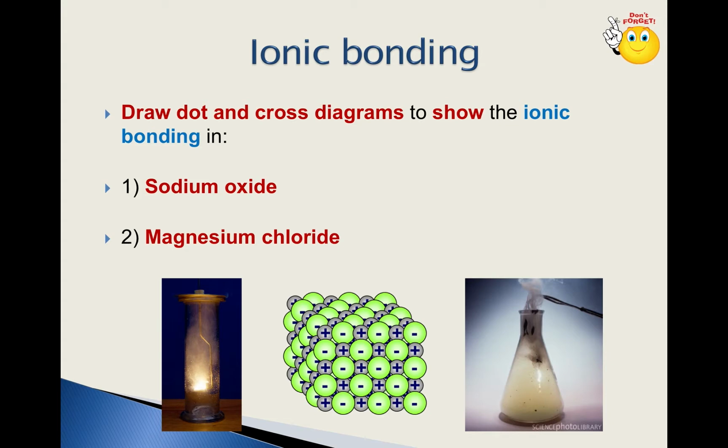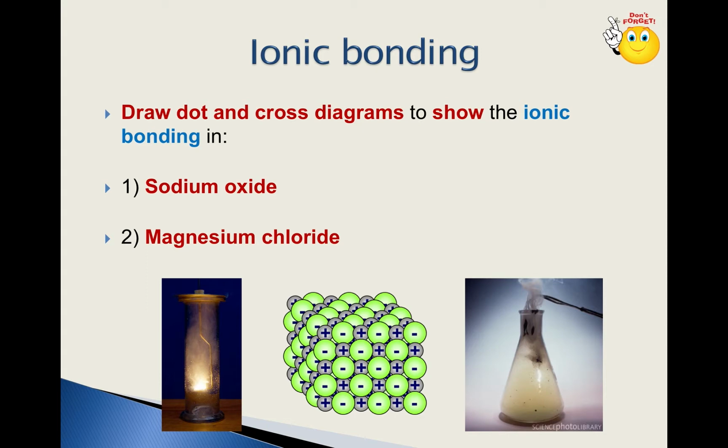What we do in this case is we double up the number of chlorines. So one chlorine atom will accept 1 electron from the magnesium atom, and then we bring in a second chlorine to accept the second electron from the magnesium. Magnesium loses 2 electrons, and therefore it's Mg2+, and each chlorine accepts 1 electron from magnesium, and therefore becomes a chloride ion with a negative charge.